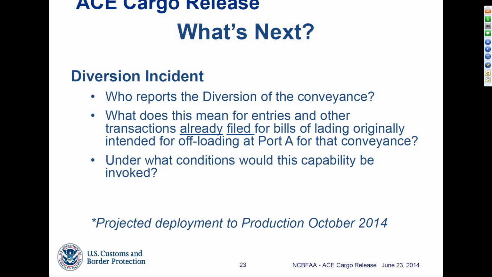A lot of work. We worked this out with the approval of Rulings and Regulations because it fits under the exigent circumstances: if you have already filed your entry before the vessel decides to divert to the other port with your cargo, you can take no action if you wish.